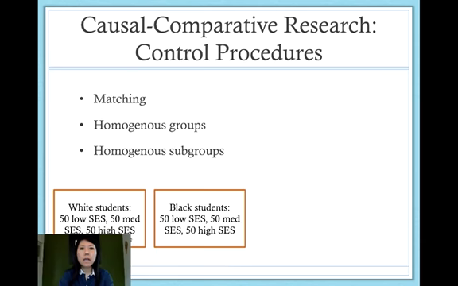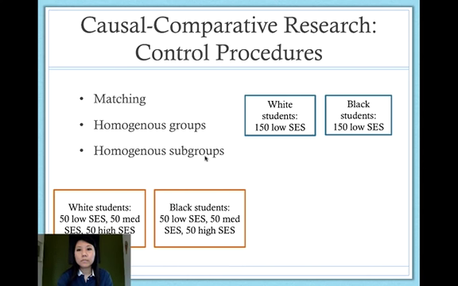So to match, I want to make sure that I have an equal number of kids with low SES, medium SES, and high SES in each group. If I match it, then I can control for that variable because that variable is equal. Then the results that I get will be based on whether or not the kids are white or black. And I can look at those differences on their achievement test scores. So that's matching.